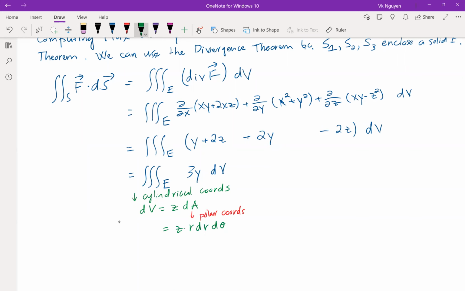We're going to need to know the limits here, r, theta and z. So where does z go from?